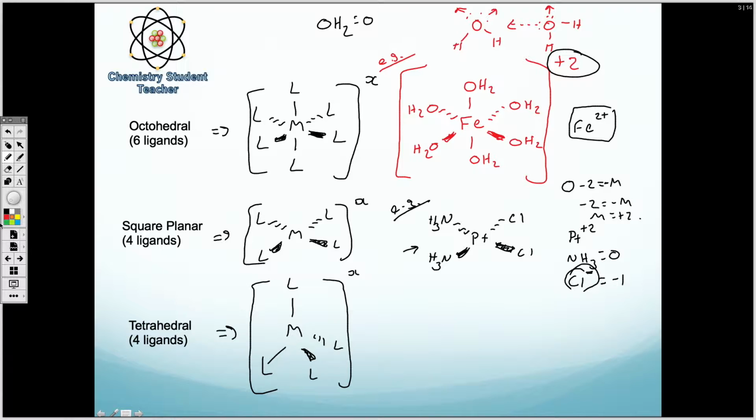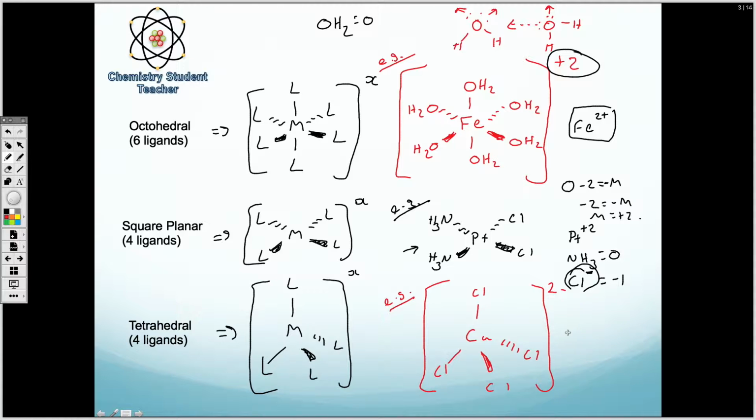A nice example here is copper 2+ with 4 chlorido ligands around in a tetrahedral arrangement, and that carries a 2- charge.